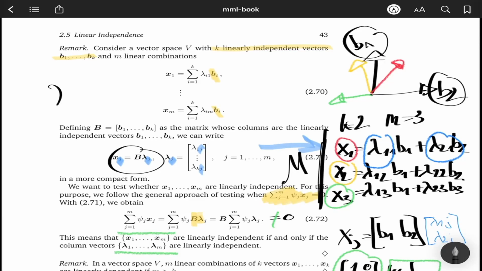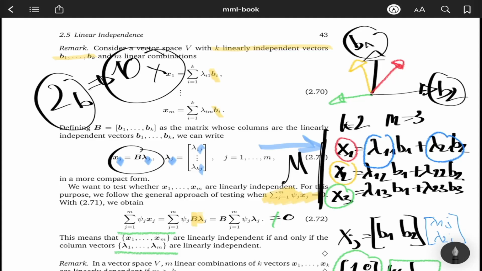If we only start with 2 base vectors and we go and produce 10 x vectors, let's say, then these 10 cannot be linear independent because we constructed all of those 10 with 2 input vectors.